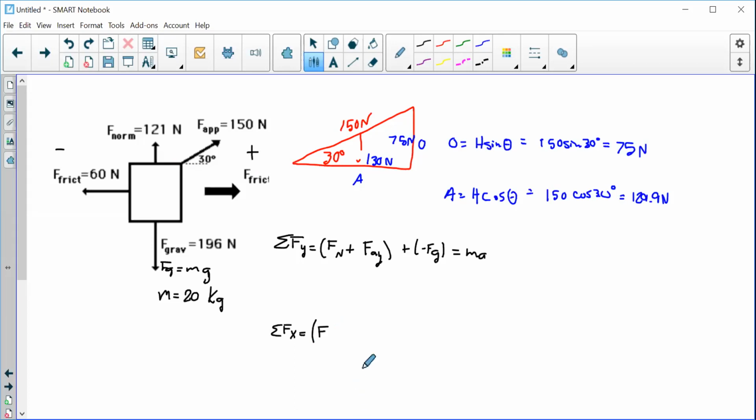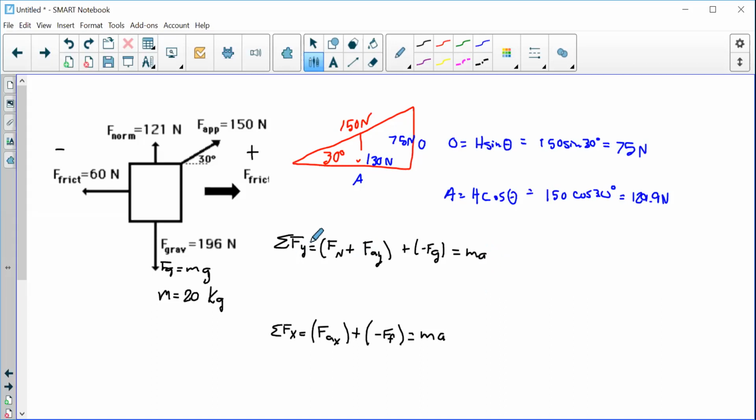The x component of the applied force. Then in the negative direction, that's going to leave us with friction, and this is going to be equal to ma. Again, we don't know whether there's acceleration in any direction, so you have to state ma qualitatively up front. Then you plug in numbers and determine what ma equals.